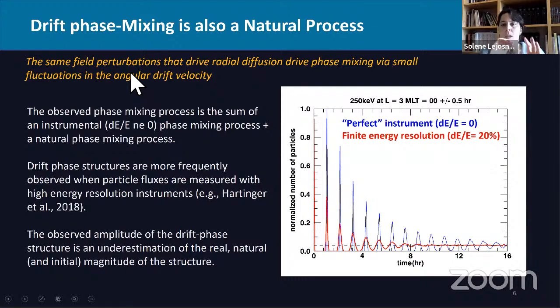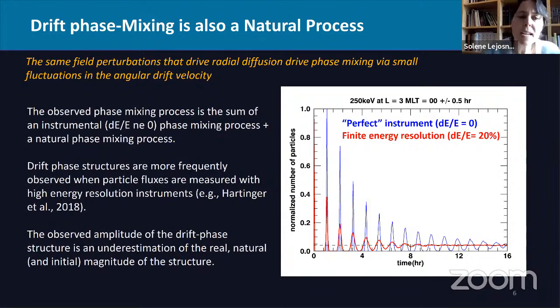So if we have better instruments, we see these drift echoes better and better. Their magnitude lasts longer and longer, but we have a natural limit, which is the phase mixing that is set by the field perturbation.